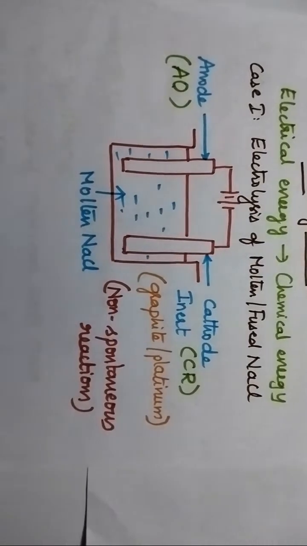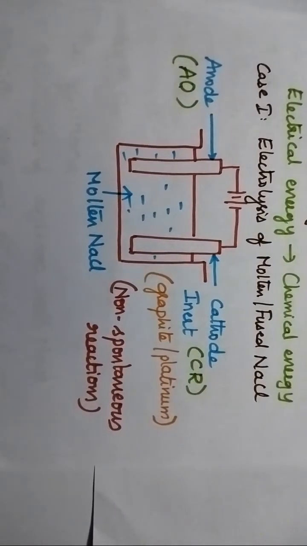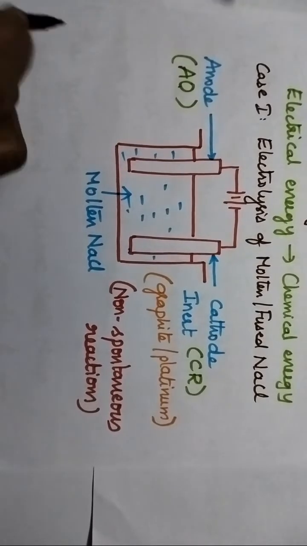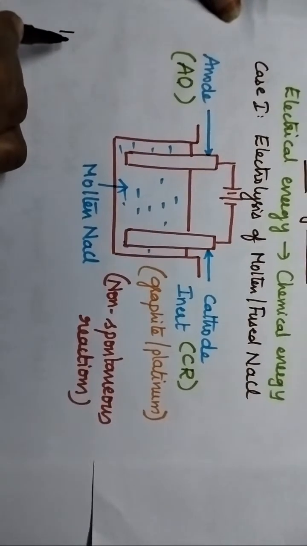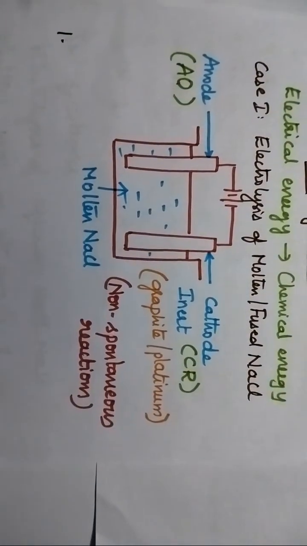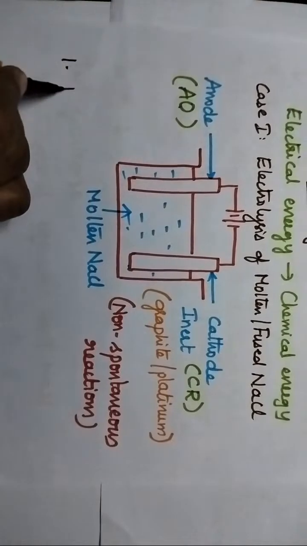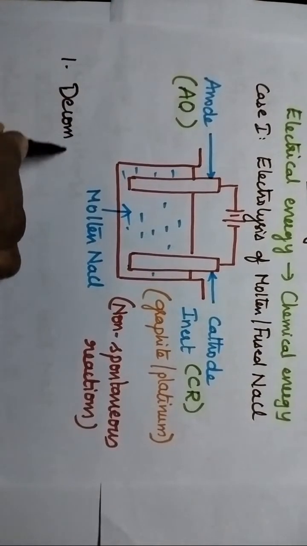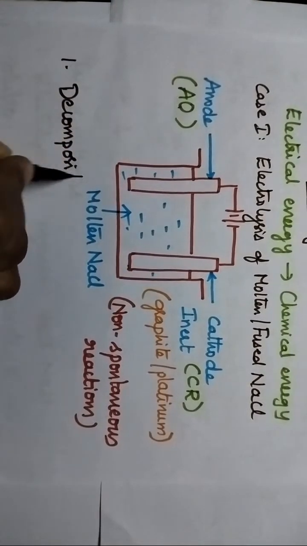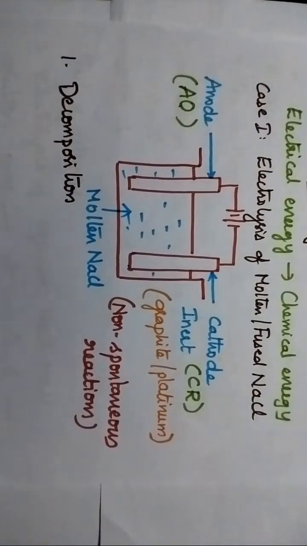Here, in an electrolytic cell, two important reactions take place. One is the decomposition reaction. Initially, the decomposition of the electrolyte takes place.